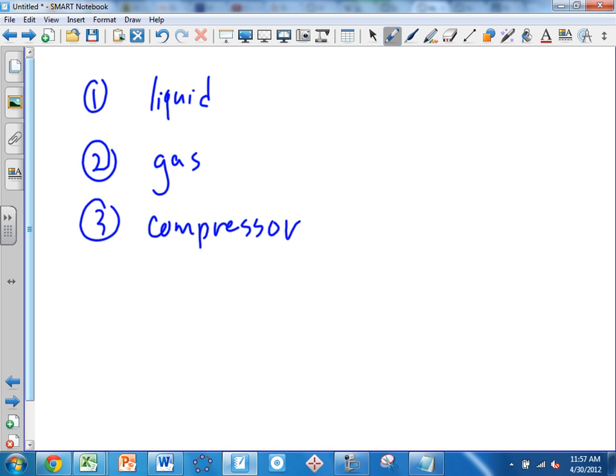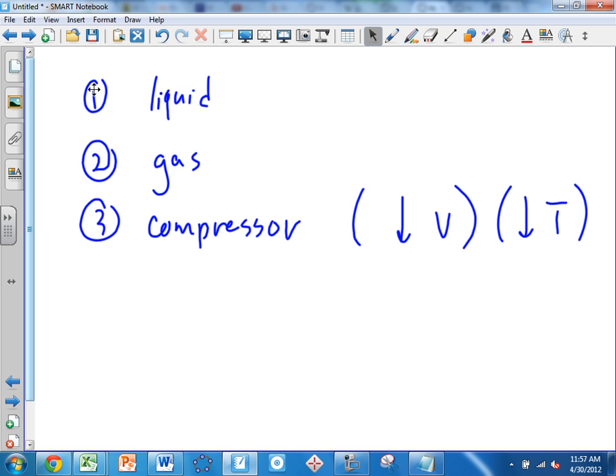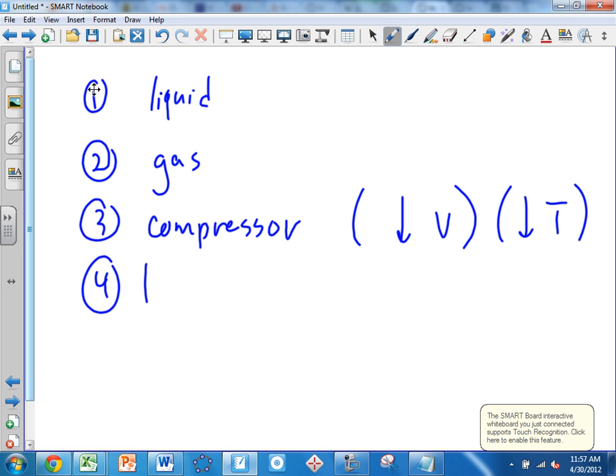When a compressor decreases the volume, the temperature will also decrease from PV over T. Thus, in the fourth step, we start to have a liquid phase, but let's write condenser first.